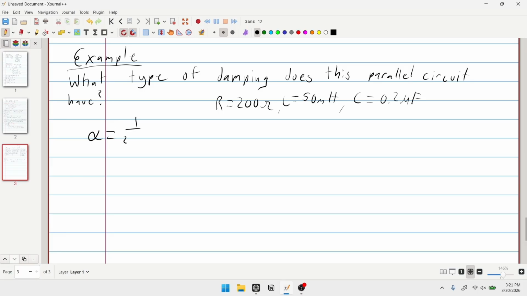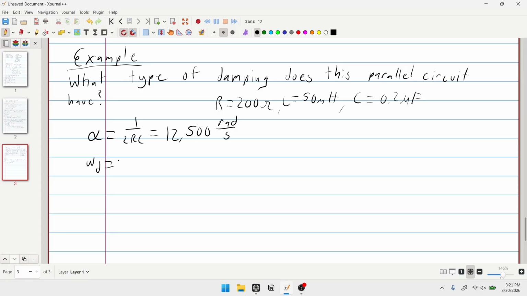So alpha is 1 over 2RC. Okay, and so if we plug that into our calculator, we will get 12,500 radians per second. That's the unit of our alpha, also known as the Neper frequency, some terminology you might hear.